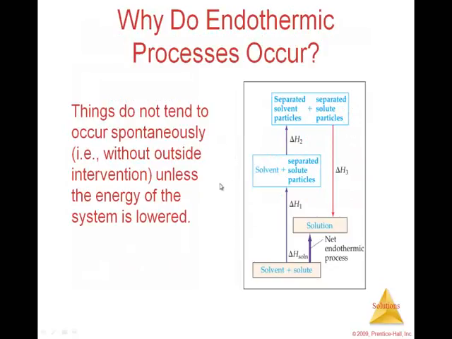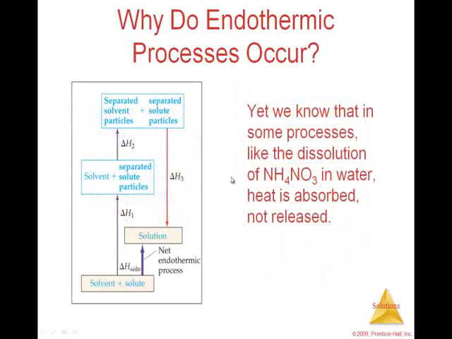So, in fact, there are some processes where you are making a solution and the net process is endothermic. And one of the things we learned about when we discussed equilibrium was that generally exothermic processes are those that occur spontaneously, unless the energy of the system is lowered.